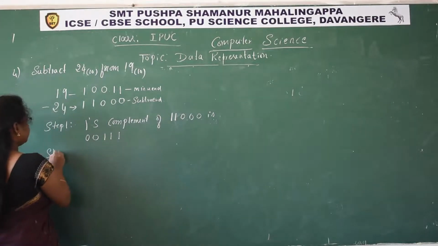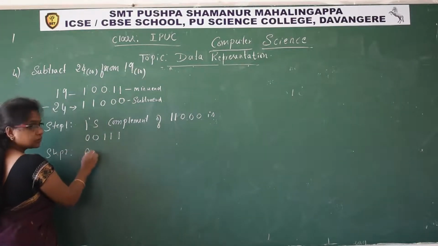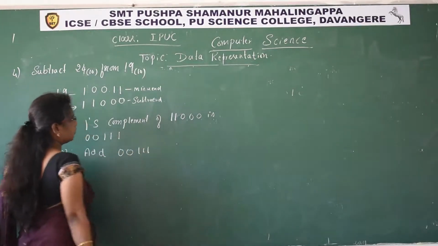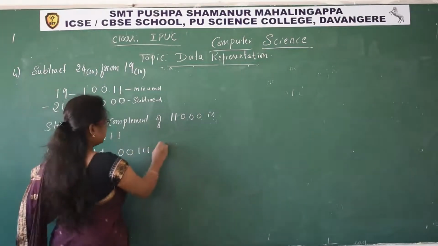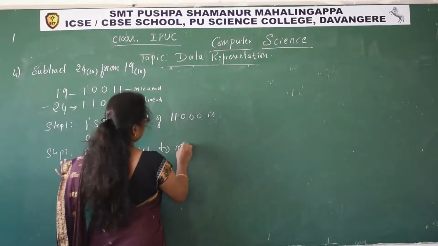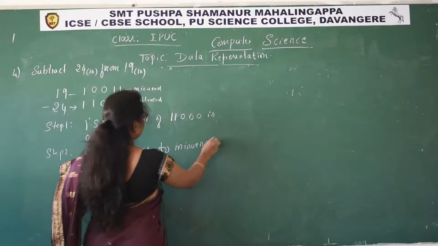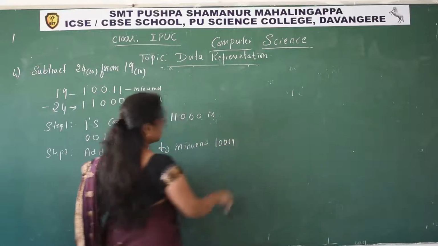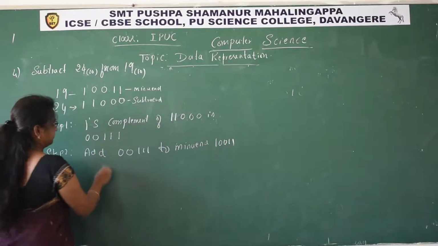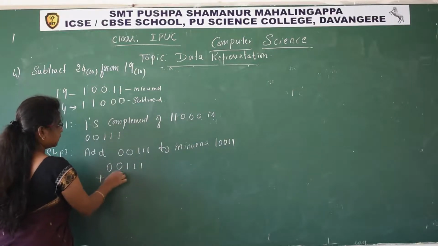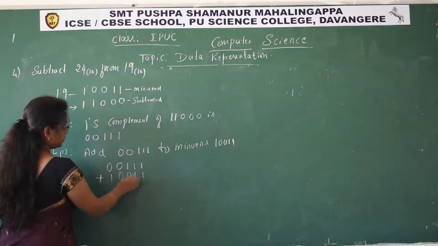Now step 2, add 00111, that is the one's complemented number, to the minuend. Which is the minuend here? 10011 is the minuend, no? How to add? 00111 plus 10011.